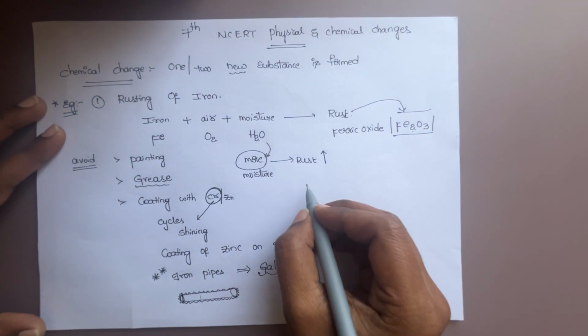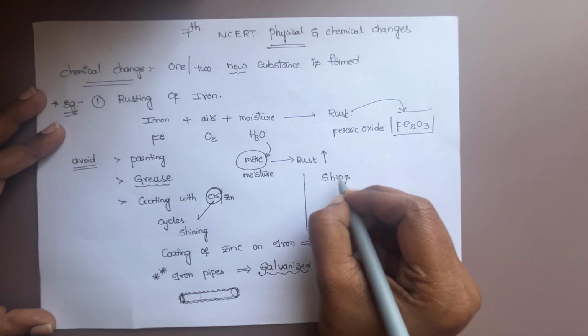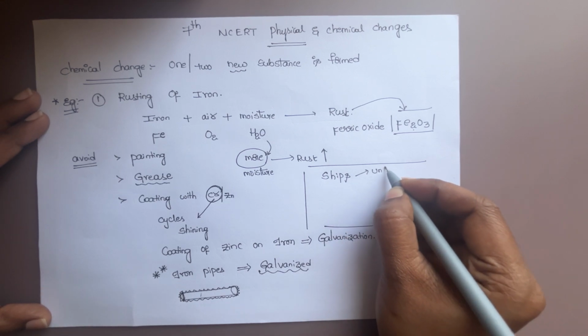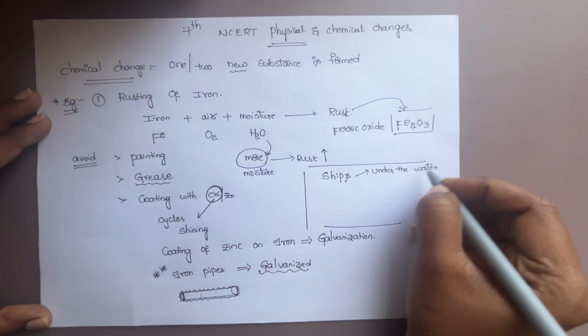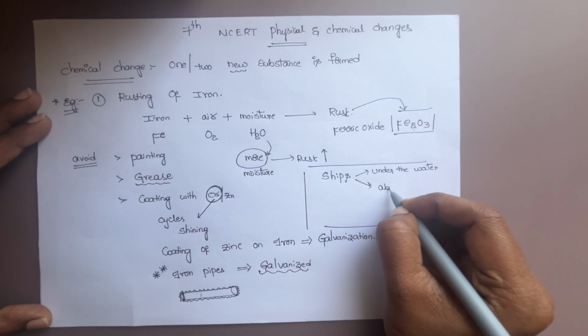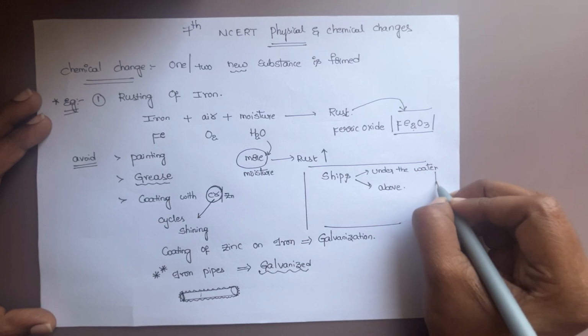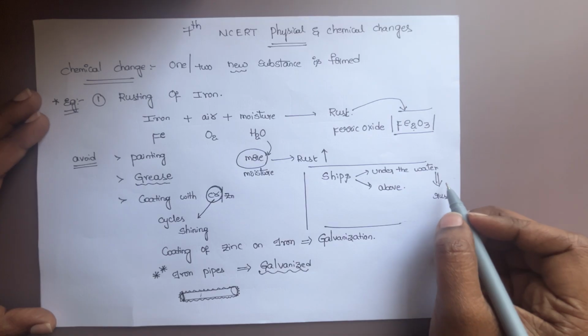And one more example is there. We have ships. Some parts of ships are under the water and some parts are above the water. The parts under the water have high chances of rusting because they are also made of iron.